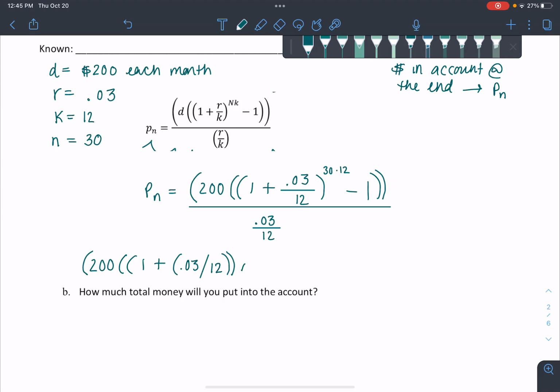Then you're going to hit the up arrow. And then again, because it's 2 numbers, I would put that in parentheses just to be safe and do 30 times 12, close parenthesis. And then minus 1, and then close parenthesis, close parenthesis. So let's just verify that we made that. That makes sense. So we got parenthesis, 200, 2 parentheses, 1 plus that. All right.